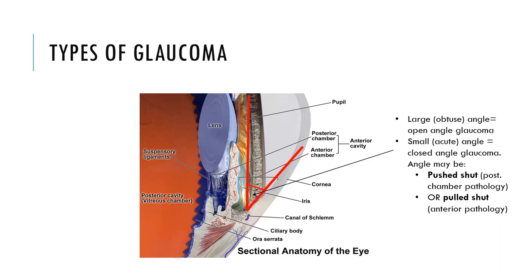There's also closed angle glaucoma, where there is a small or an acute angle between the iris and the cornea. And this means that the iris is impeding the drainage of aqueous humor. So in this case, the iris may be pushed shut by posterior chamber pathology, or it may be pulled shut by anterior chamber pathology. And we'll go into this in more detail later.